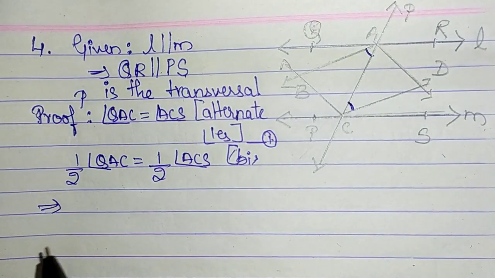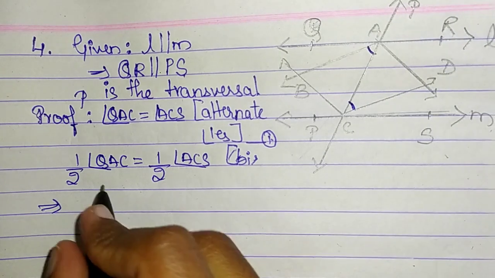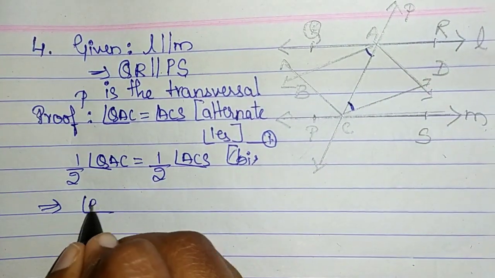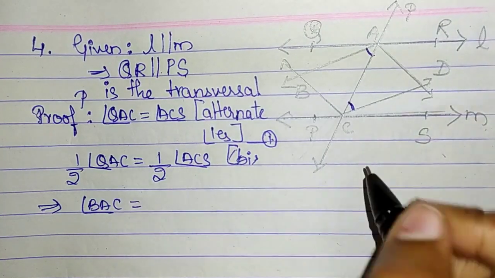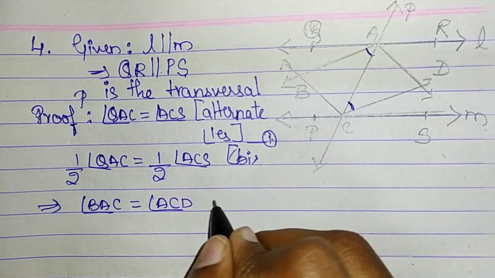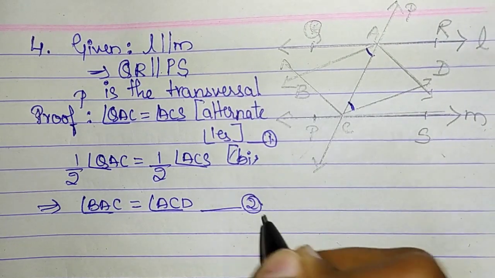So this implies half of QAC is angle BAC. Angle BAC is equal to angle ACD. So this is our second result.